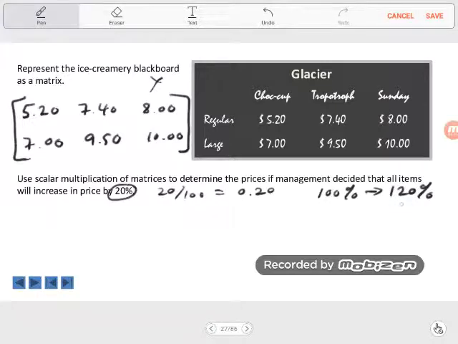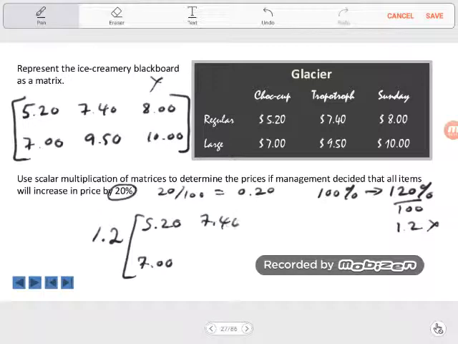So if we convert that by dividing, 120 on 100 is 1.2, and that's the scalar we can multiply by. 1.2 by everything in this matrix. And this is the quick way to do it.